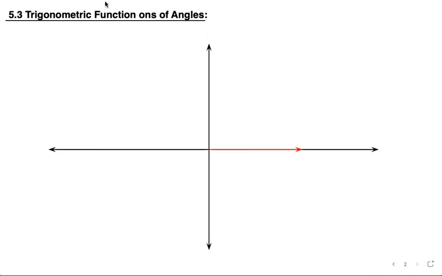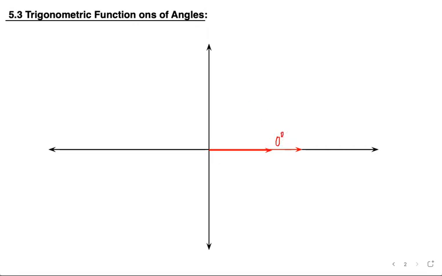First of all, I have to know this angle here. If my initial side is on the positive x-axis and the terminal side is also on the x-axis, the angle is 0 degrees, and the same thing, 0 radians.